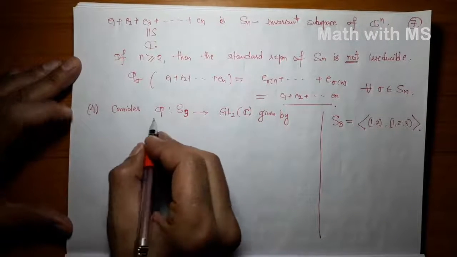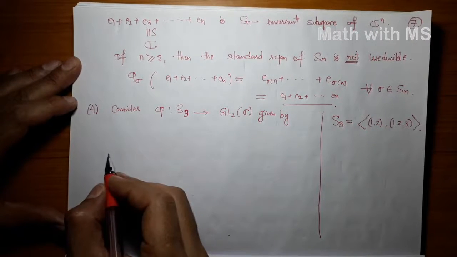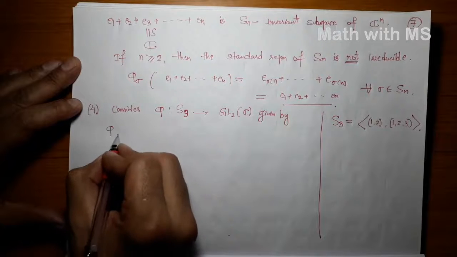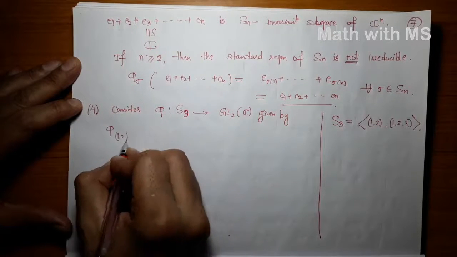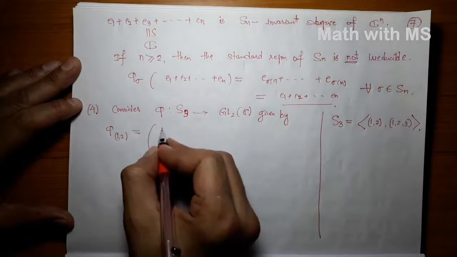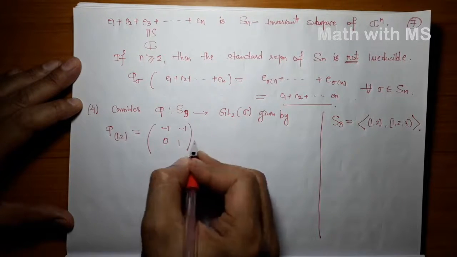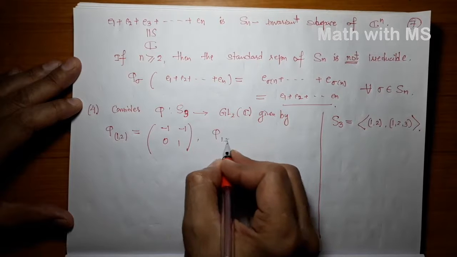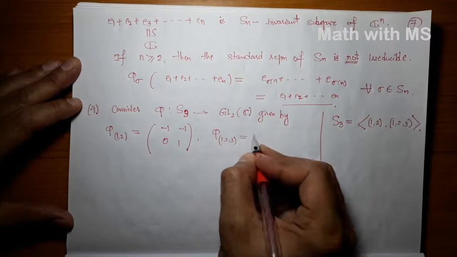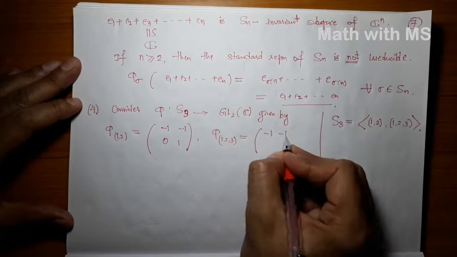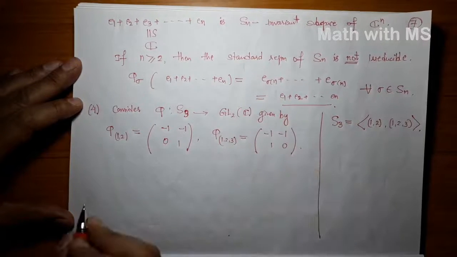So consider this map phi from S3 to GL2C given by phi of (1 2) is the matrix -1 -1, 0 1, and phi of (1 2 3) is the matrix -1 -1, 1 0. Look at this.